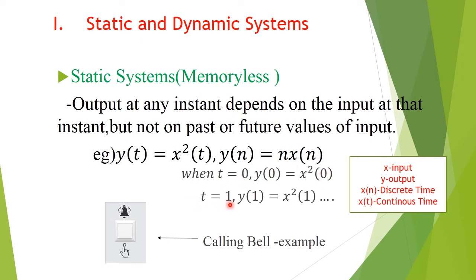When t equal to 1, y of 1 is equal to x square of 1. So the output at any time instant depends on the present values of the input. It does not depend on past or future values of input. The best example is calling bell. So when we give an input, it will give an output. It does not store any the previous value or the future values.